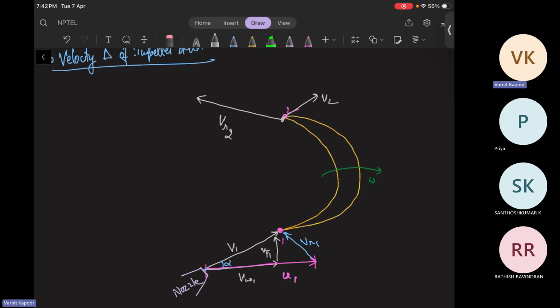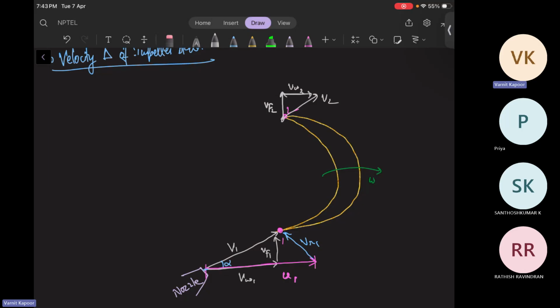Again this velocity v2 will have two components, that is your vf2 and vw2. From the first condition it's satisfied.